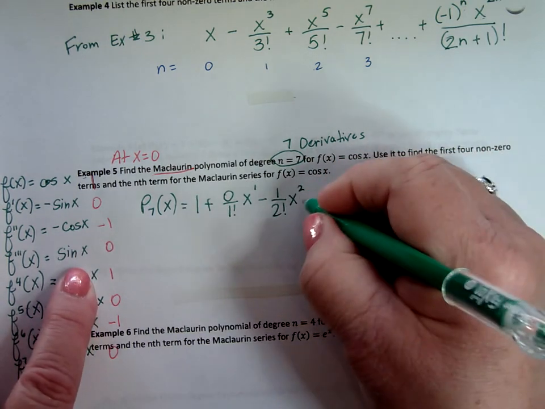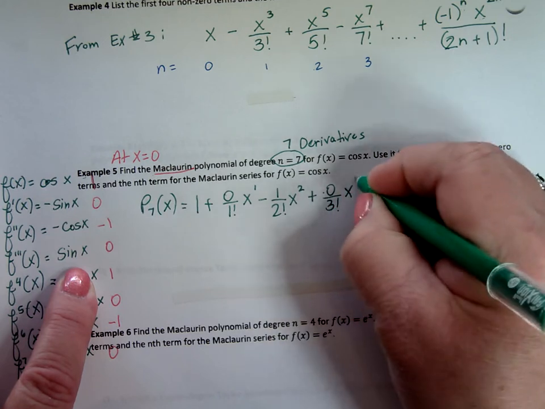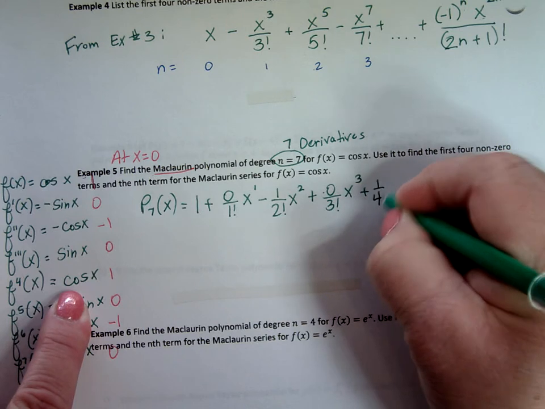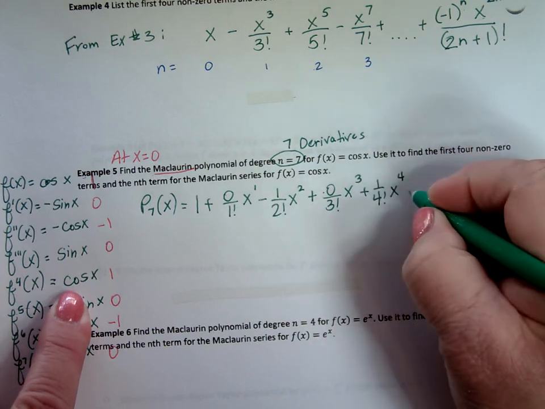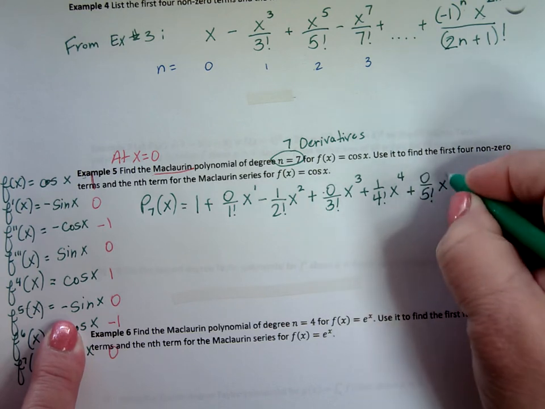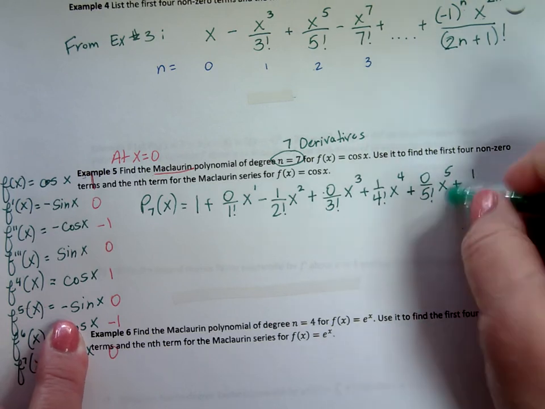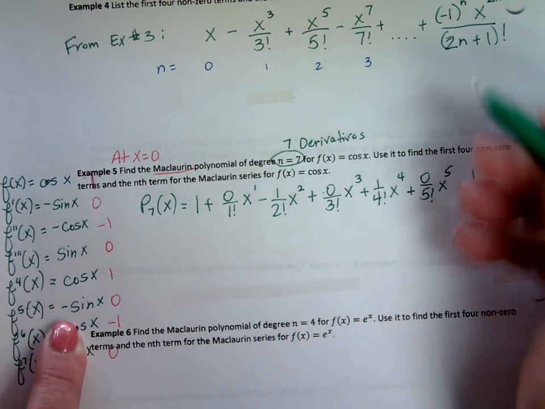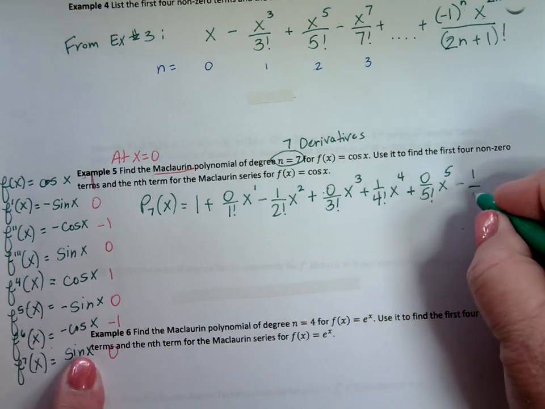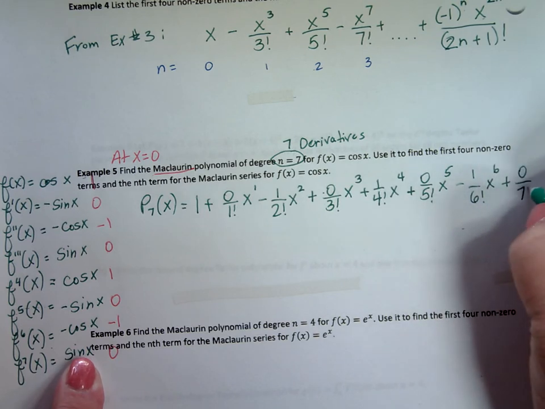Then it's plus 0 over 3 factorial x to the third, plus 1 over 4 factorial x to the fourth, plus 0 over 5 factorial x to the fifth, minus 1 over 6 factorial x to the sixth, plus 0 over 7 factorial x to the seventh.